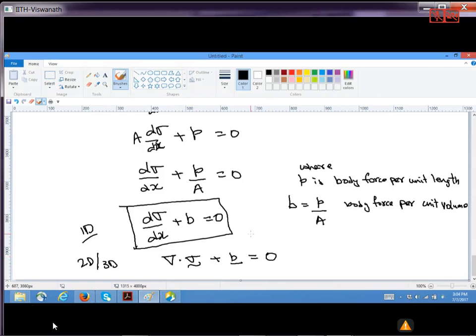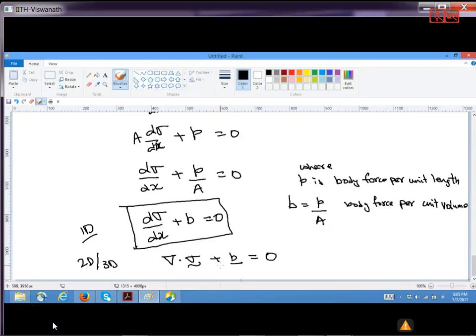Here sigma is a scalar and b is a scalar for 1D. However, for 2D and 3D, sigma is a tensor and b is a vector.